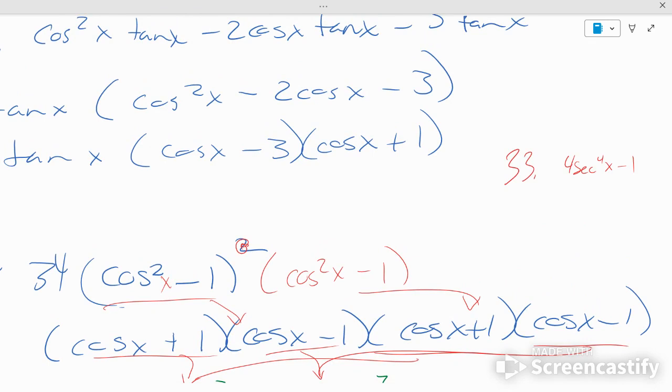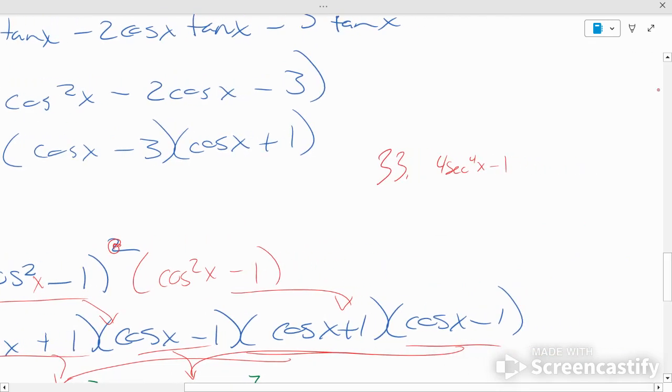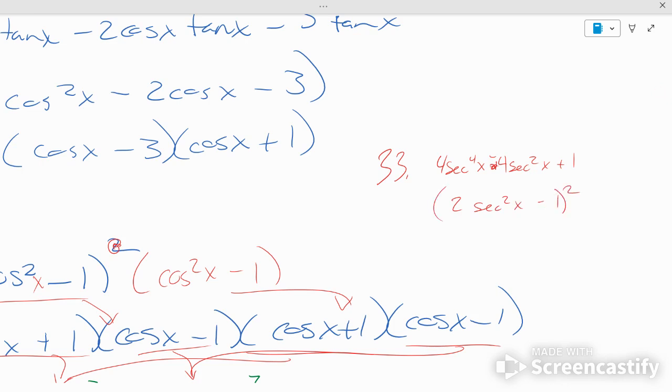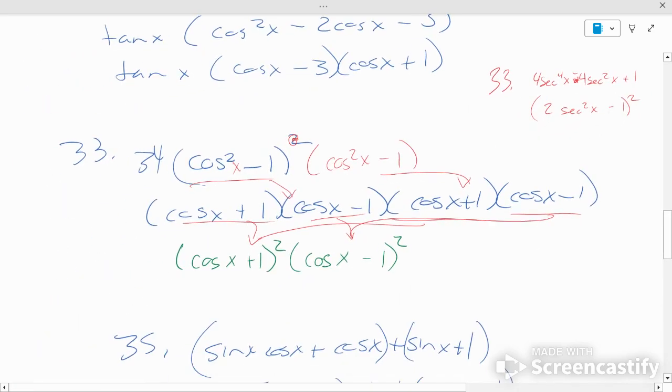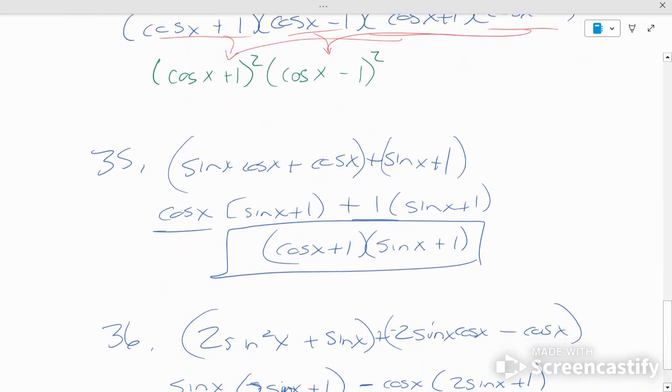No. Minus 4 secant squared of x minus 1. So it's 2 plus 1 minus 4. All right, now we got it. So it is 2 secant squared of x minus 1 quantity squared. That's what 33 would be. Yeah. I trusted you, but you didn't even trust yourself.